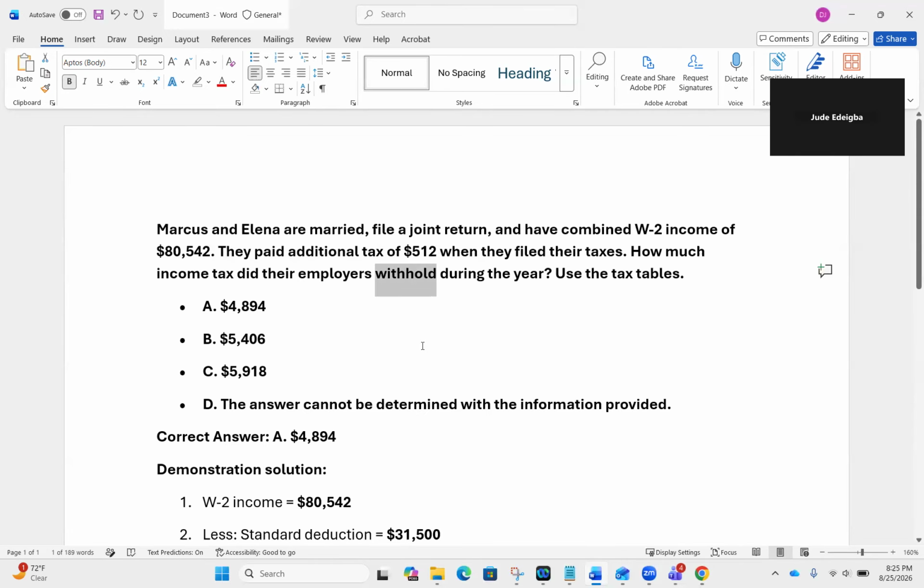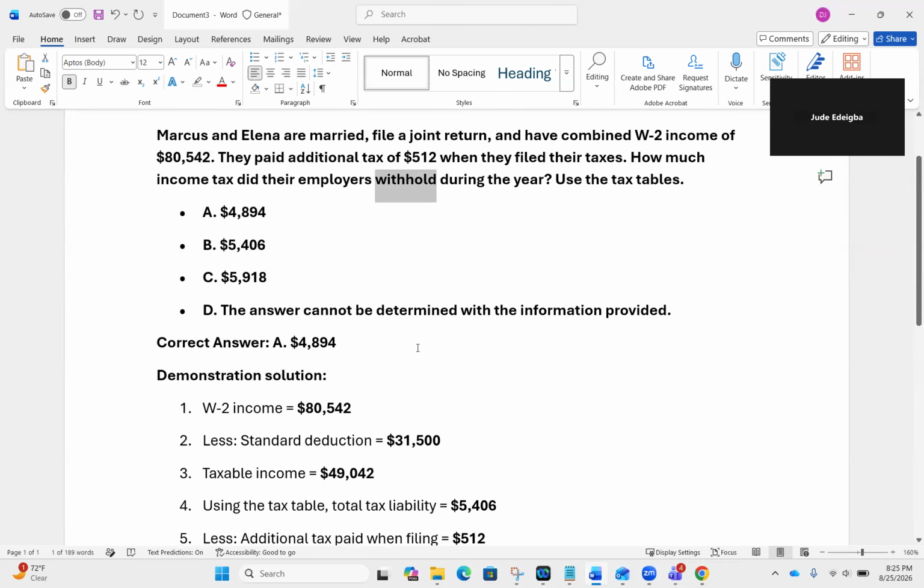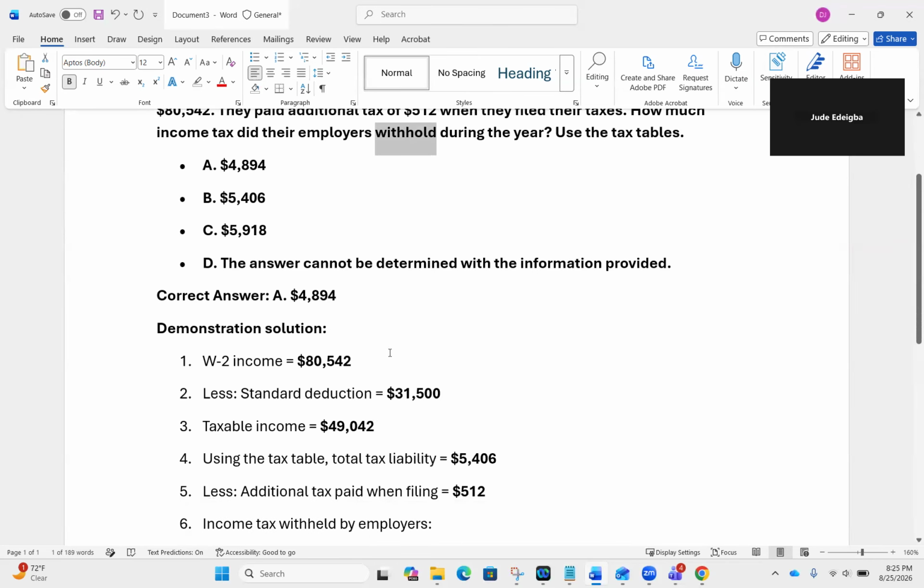Now, how do we do this working? This is the solution here, to determine the answers from here. The answer cannot be determined with the information provided. Okay, so this is additional information here.